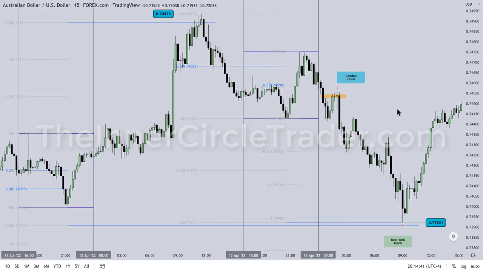So when you're using standard deviations, this is one of the hardest things that the students have been able to come to grips with, because there's variables here. When we go through these standard deviations, you're doing multiple ones, so you're getting an idea where it could potentially go, and then you're going to have to determine which one you're going to pick.